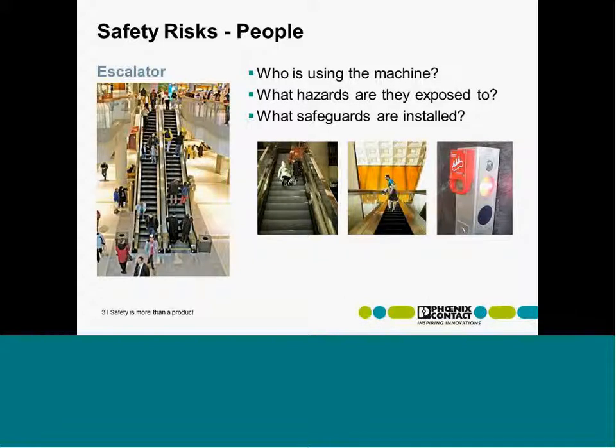Safeguards, as you will see on escalators and stairs, include a so-called emergency stop device. It's here on the right, this red component. And what do you expect if you pull on this safety component, this emergency device? Of course, you would expect that all movement will be stopped as soon as possible.